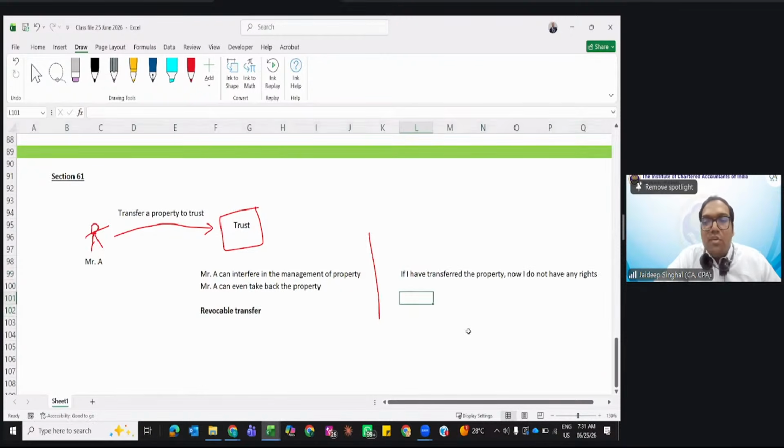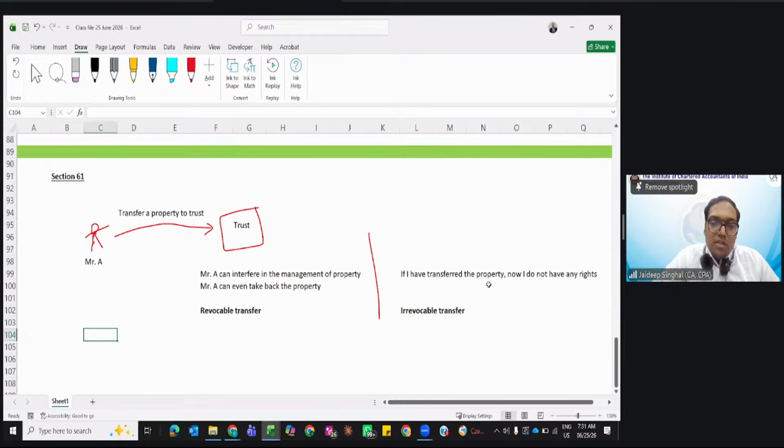This is an irrevocable transfer. Clear? So this is the meaning of revocable and irrevocable transfer.